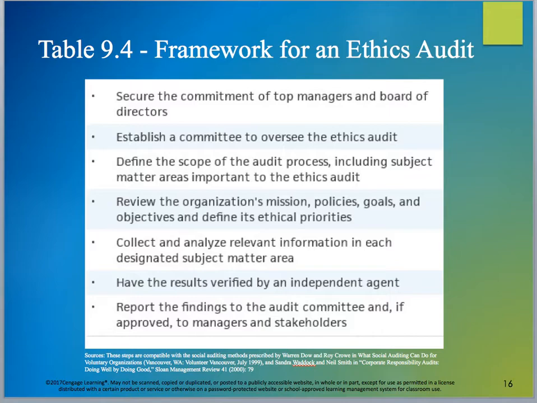What those ethical priorities are, not just what's going to make us money fastest, right? And collect and analyze relevant information in each of your designated subject matter areas. Have your results verified by an independent agent, not someone within, and report your findings to an audit committee and, if approved, to your managers and stakeholders.